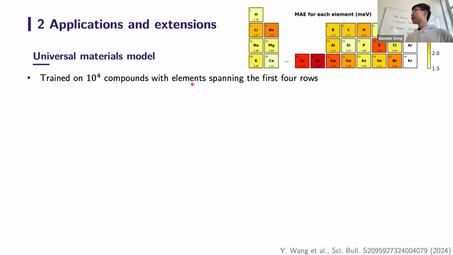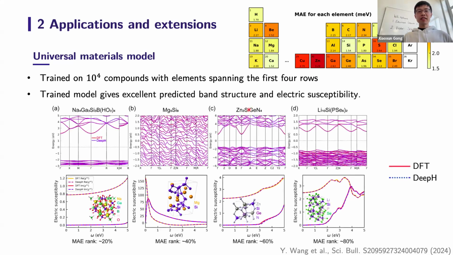So this is the first attempt of our universal materials model. We are training our model on 10,000 compounds with elements spanning the first 4 rows of the periodic table. And we can see from here that our model gives excellent predicted band structure and also electronic susceptibility.